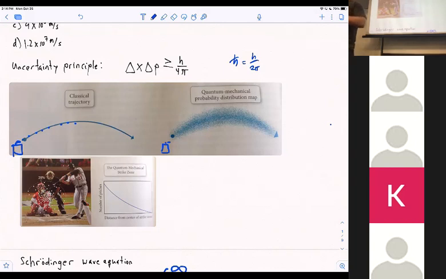Not only that, is it here, is it there? It's actually in all those places at once. So it's not like an electron is something that dances around. It just kind of fills this area, and that's because it has uncertainty in where it's at.